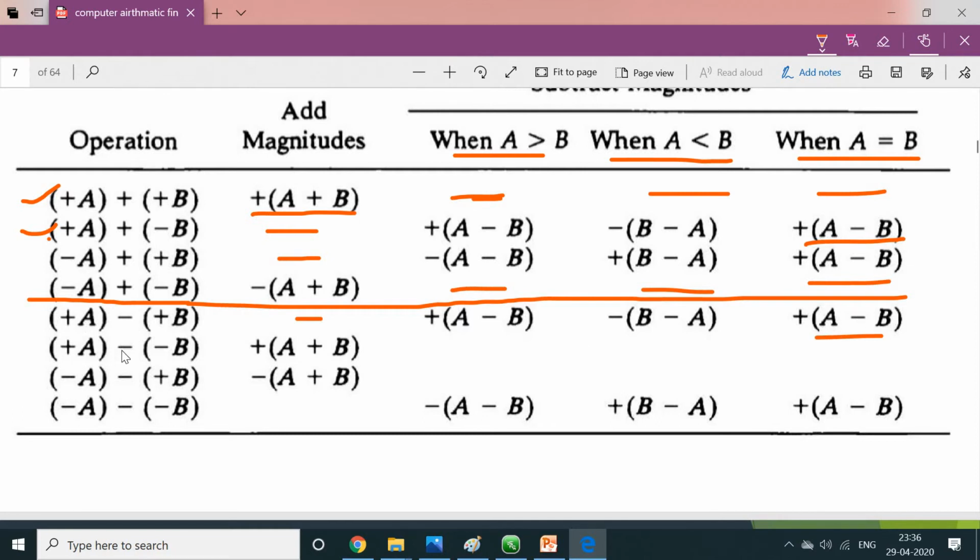Second case, plus a minus b. Plus a minus b. So in this case, plus minus and minus is cancelled. It will give some positive sign, so that a plus b is possible. The overall sign magnitude is positive.